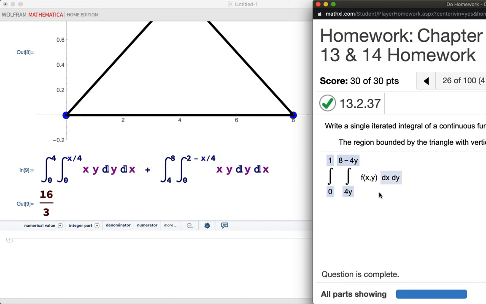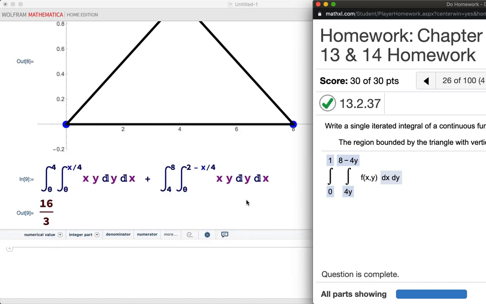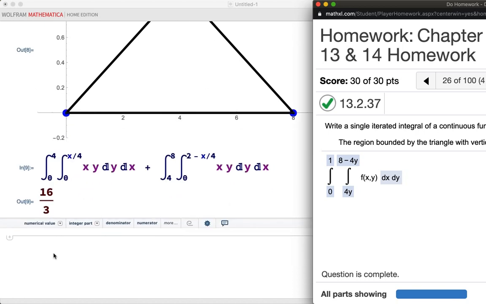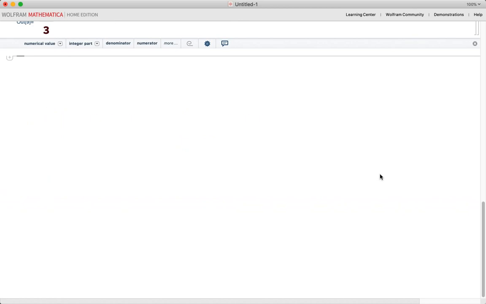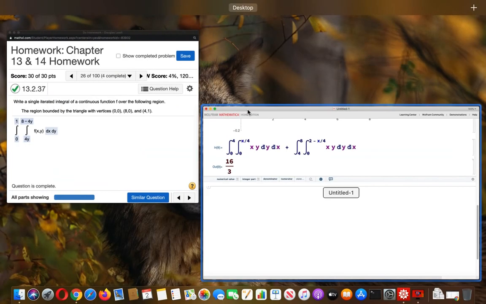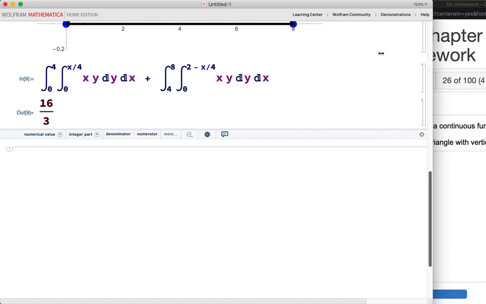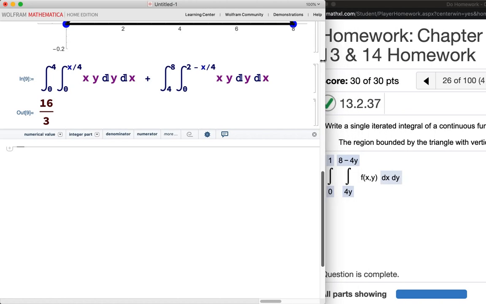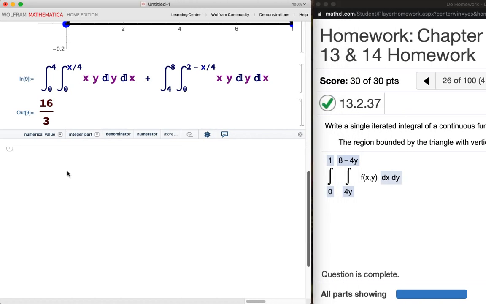But it really doesn't matter what function you use as long as it's continuous over this triangular region. If it's not continuous, then you have a problem. Okay, let's try the integral. Let me narrow down my window a little bit.